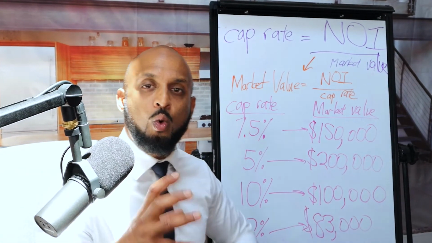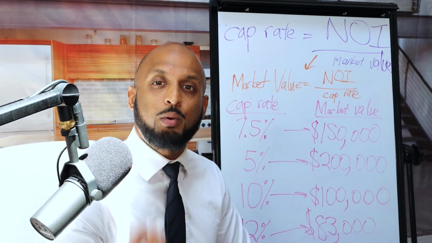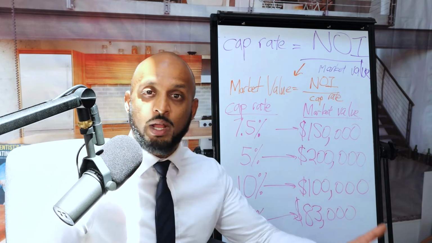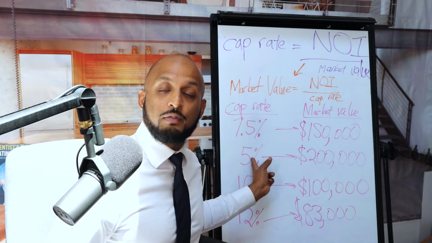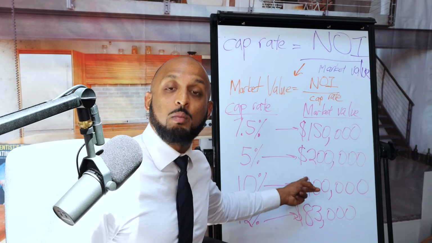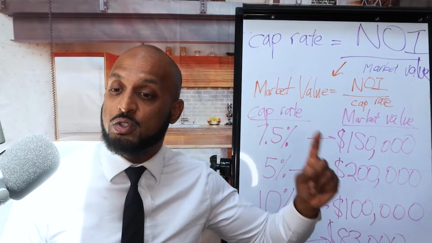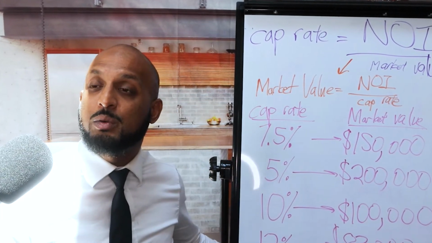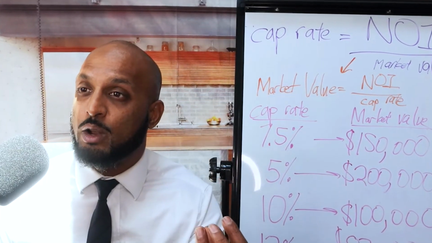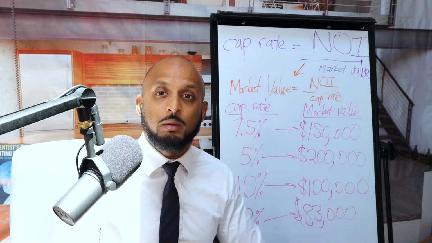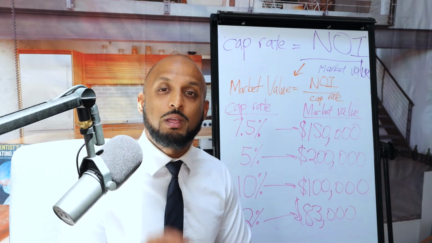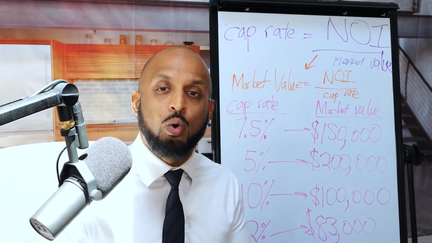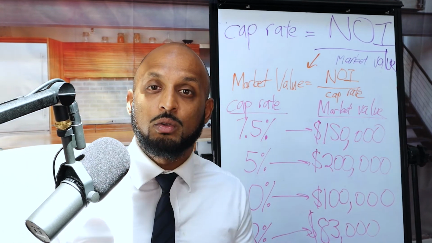Now, somebody buying a primely located apartment building, where there's a ton of demand and people are fighting to rent, is willing to take a 5% cap rate and pay more for it. So now you're paying $200,000 for $10,000 of net operating income. Here you're paying $83,000 for $10,000 of net operating income. One is not necessarily better than the other, but it tells you about the amount of risk. So the lower the cap rate, generally speaking, the lower the risk, but also the higher the value.